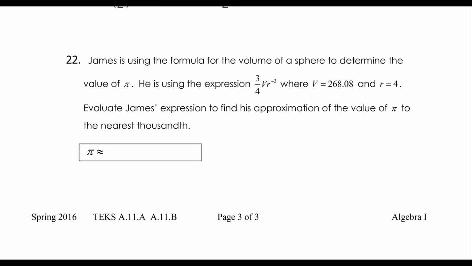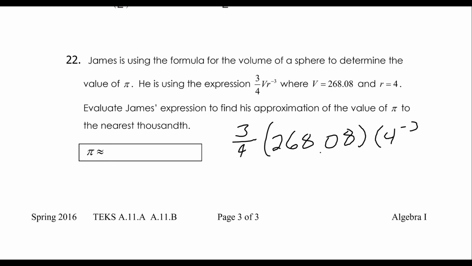So, what I'm seeing is 3/4 times 268.08 times 4 raised to the negative third. Okay, so we've got some sorting to do here.